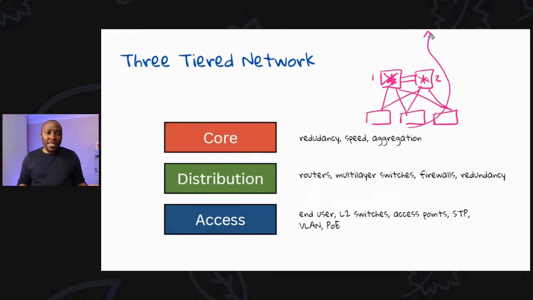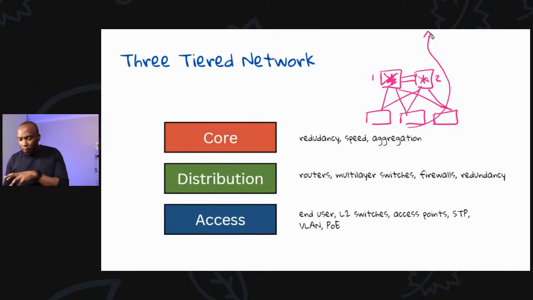So the devices that you encounter on the distribution layer are routers. Routers are layer 3 devices, multi-layer switches, firewalls. They operate on the distribution layer.